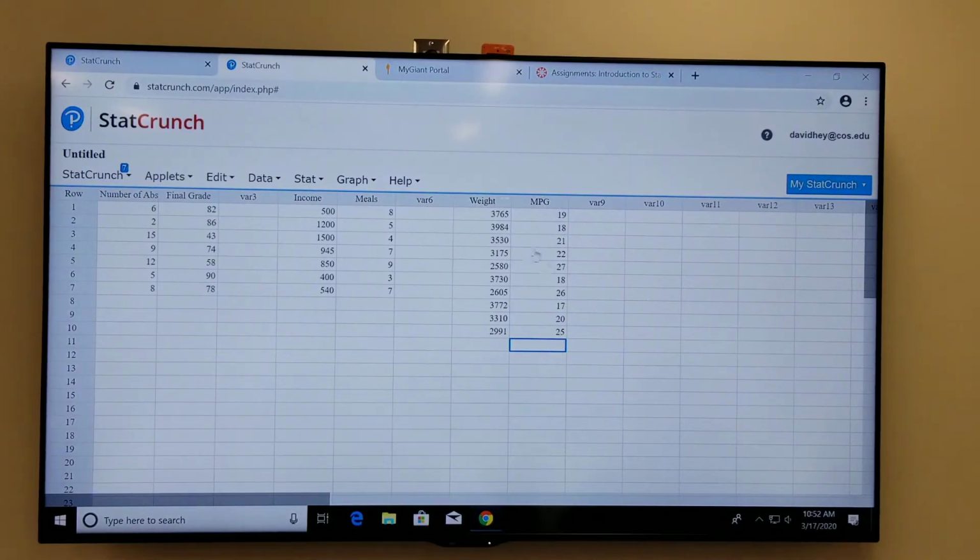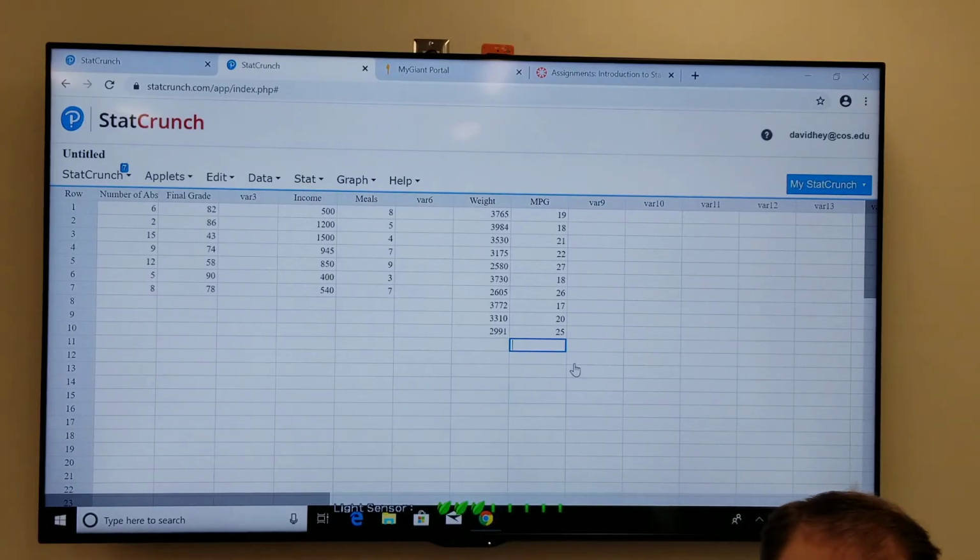Okay, I'm going to check to see if I got them in there correctly. Okay, I think that looks okay.